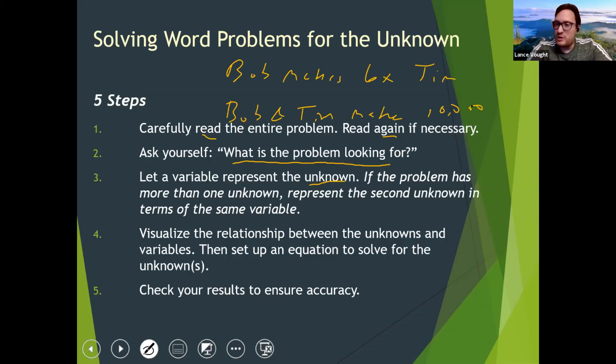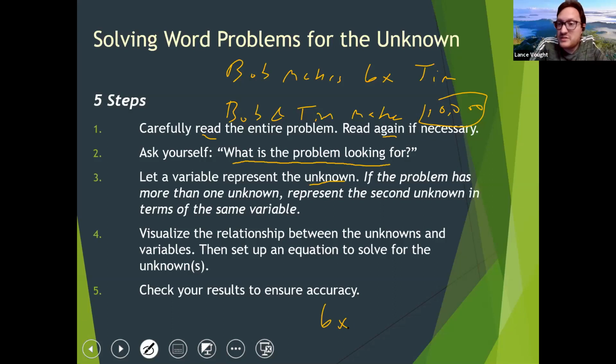Well, those are two unknowns. We don't know how much Bob makes. We don't know how much Tim makes. We know how much they make combined. We know the relationship between Bob and Tim. So if Bob makes 6 times Tim, that means that Bob's salary is going to be 6x. Let's just say X is Tim's salary.